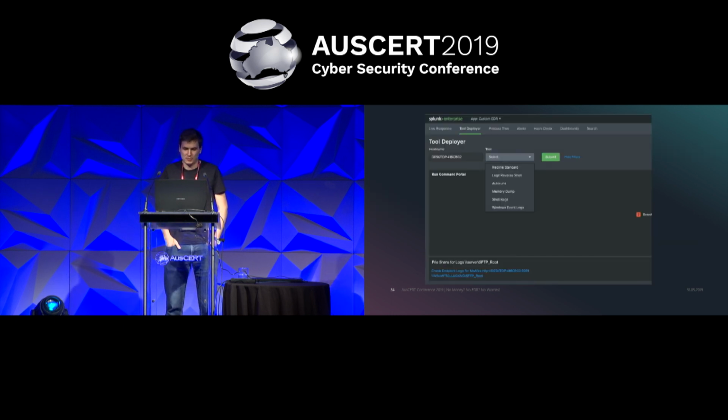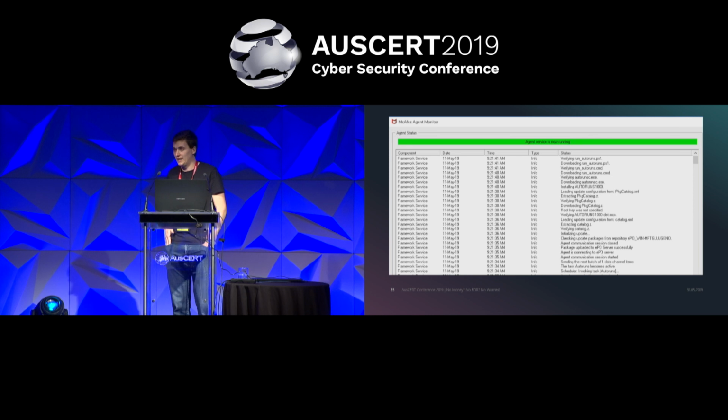What that looks like in Splunk is a simple interface where you type in the host name of the device, and you select a particular tool that you want to run. This is just a subset of tools that we've done, but it gives you an idea of the kind of capabilities you can package up into this tool and deploy.